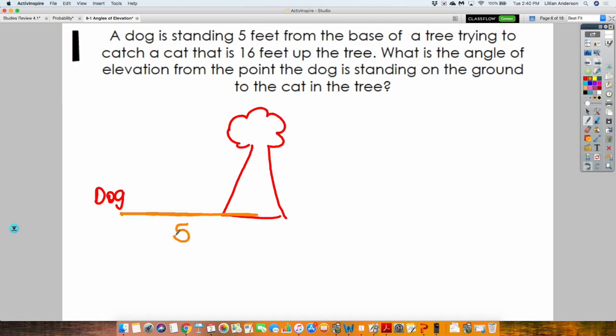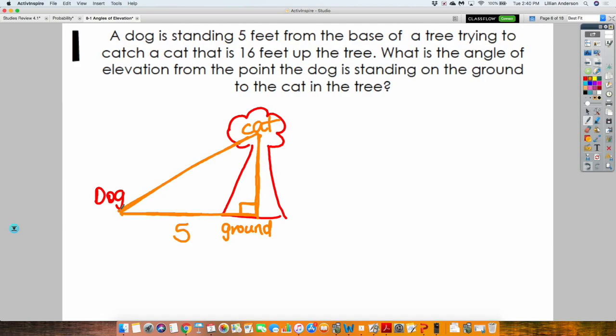And then there's a cat somewhere inside this tree. How high up? 16. So the tree with the ground that the dog is standing on makes the 90-degree angle. And from where the dog is standing to him looking up to that cat in the tree creates your angle of elevation. Does everybody see that?